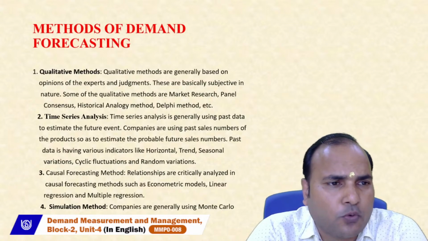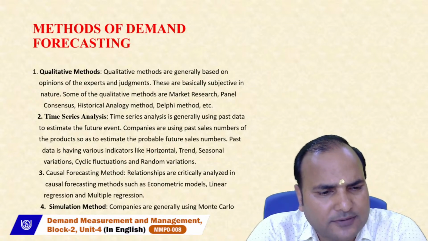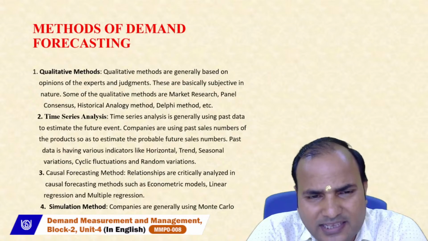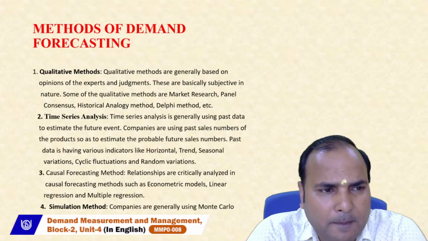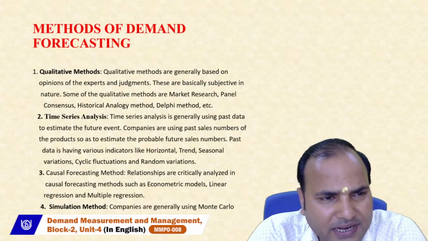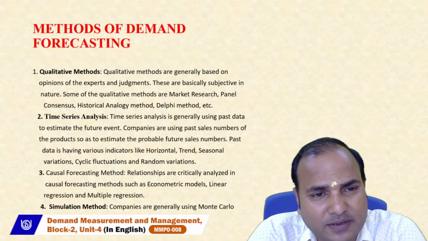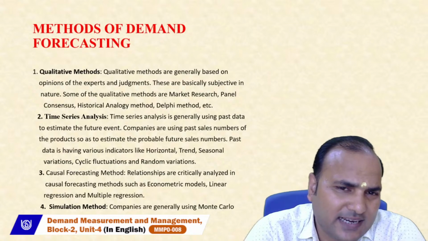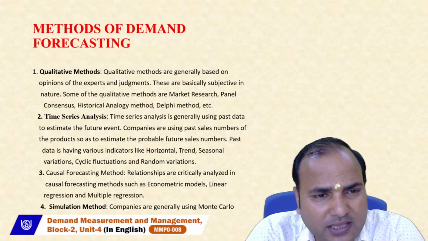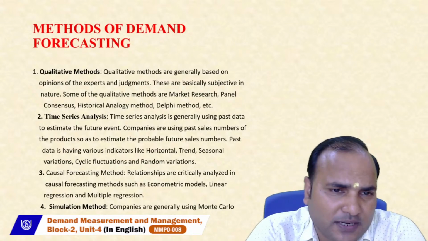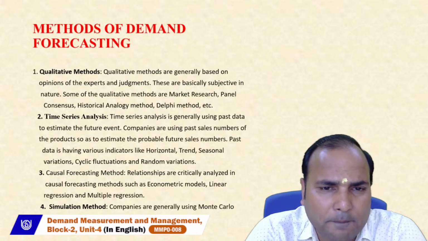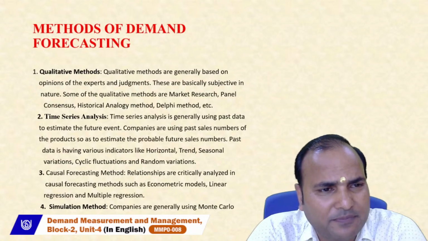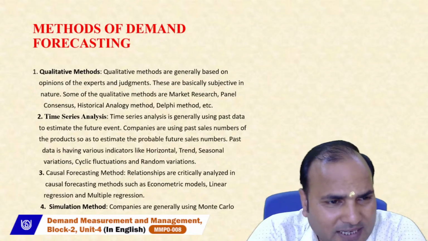One is the qualitative methods. What are qualitative methods? These methods are generally based on the opinions of experts and judgments of that particular field. Basically, qualitative methods are subjective in nature.